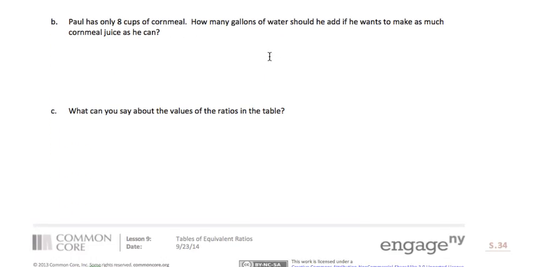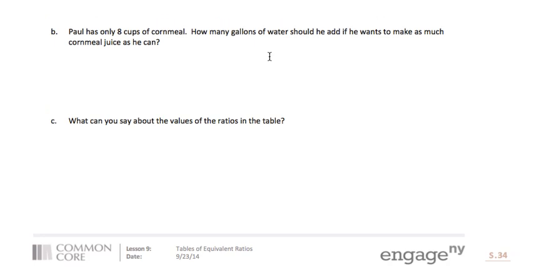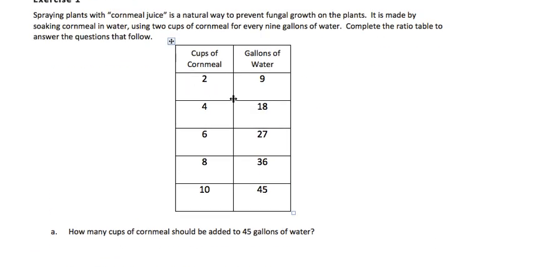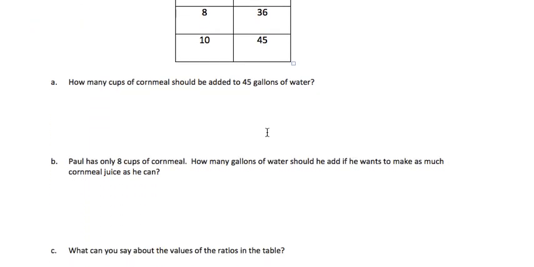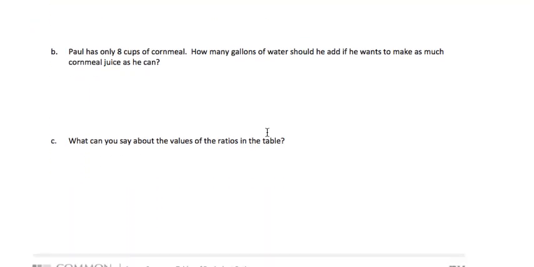Then what can you say about the values of the ratios in the table? Each of these ratios can be simplified to 2/9, and that's what makes them equivalent.